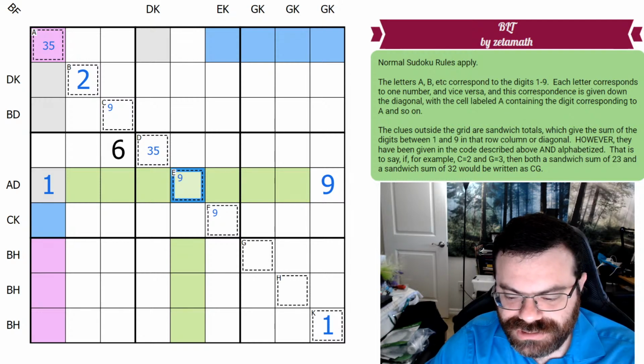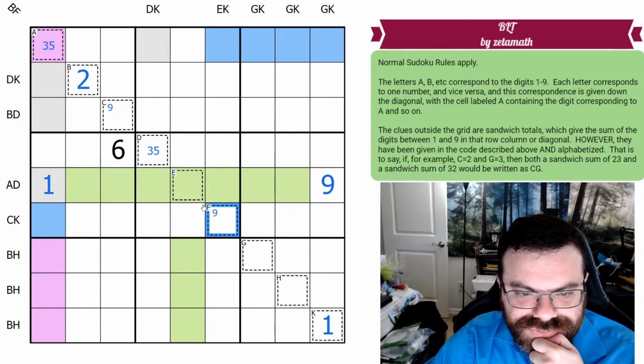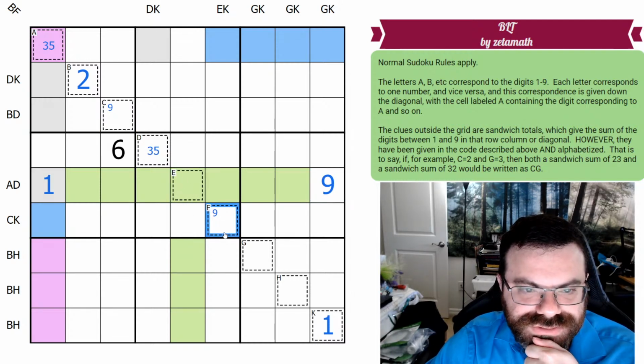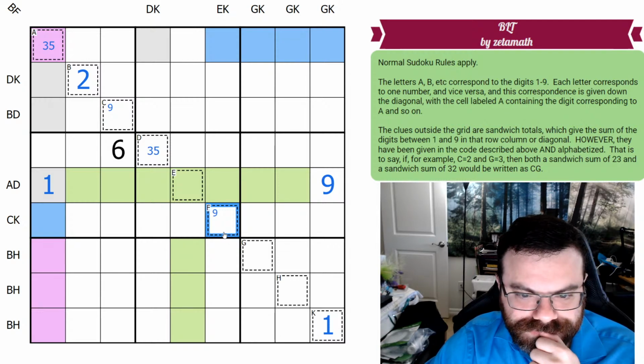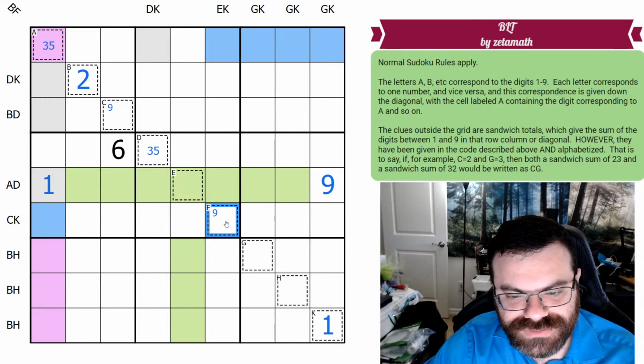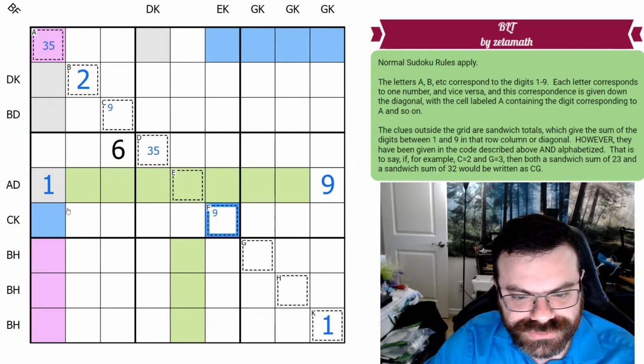So E can't be 9 because there's a 9 in the row. So it's either F or C. So yeah, if F were 9, where would the 1 go?